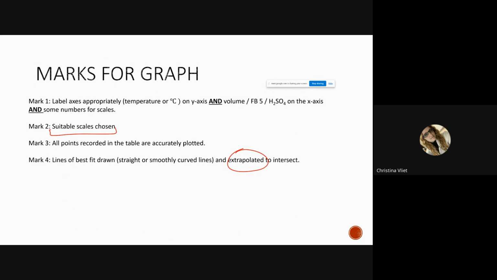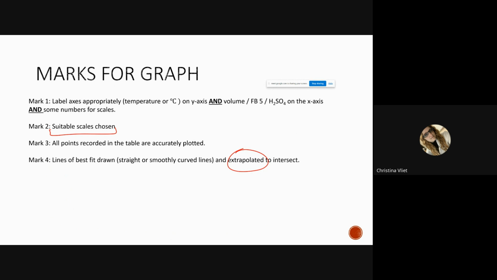All right, ready to get started? I was telling each table, when you record your thermometer reading, it has to be to the nearest 0.5.